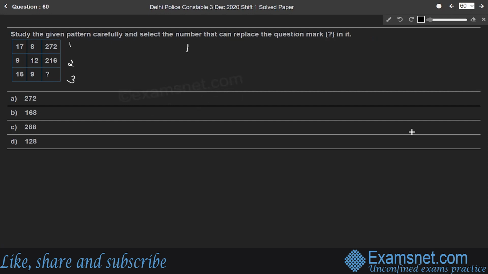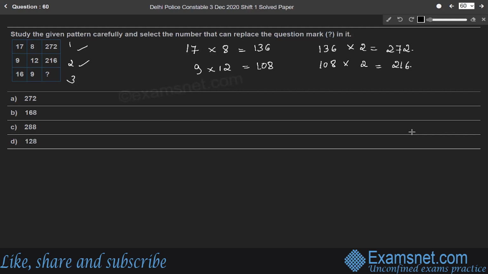So the first number into second number, 17 into 8 is equal to 136, and the product 136, when it is multiplied by 2, we will get 272, that is third number, right? In the second row, 9 into 12 is 108. When 108 is multiplied by 2, we get 216, which is third number.